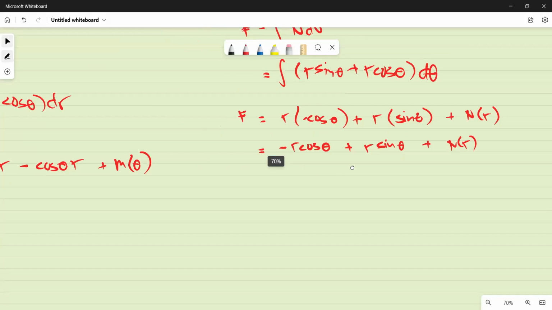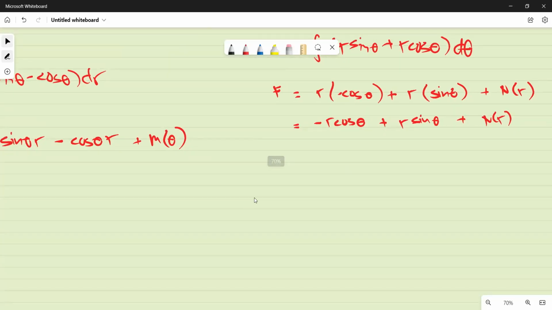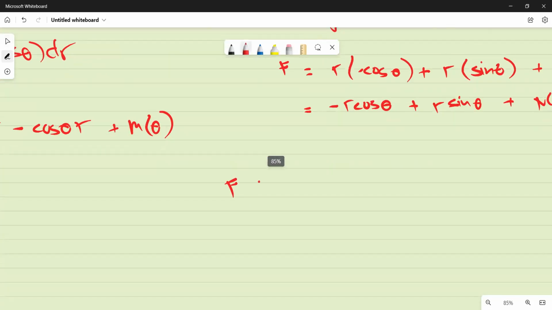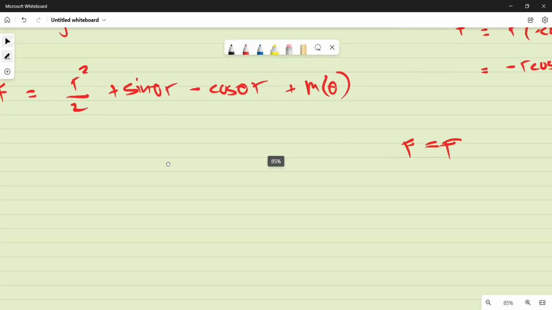Ayan. May napansin ba kayo? We can write now na yung f is equal to f. So writing everything, ito yung f natin, no?